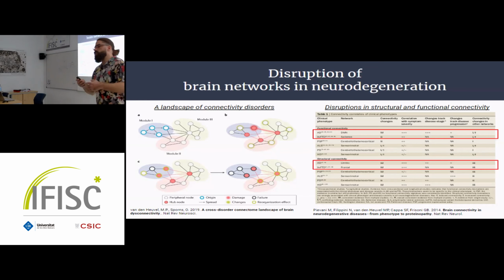Yes, there's some relation, but there are some other functional changes that you cannot explain simply by the connectivity. And there could be also the other way around, that there are some functional changes in the network that could, by compensation or some other processes, impact at the end at the structural level as well.